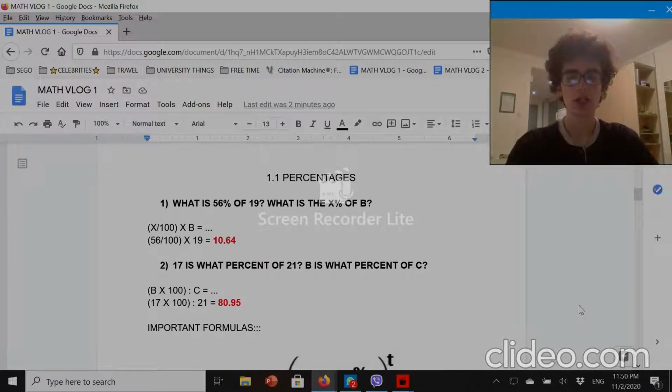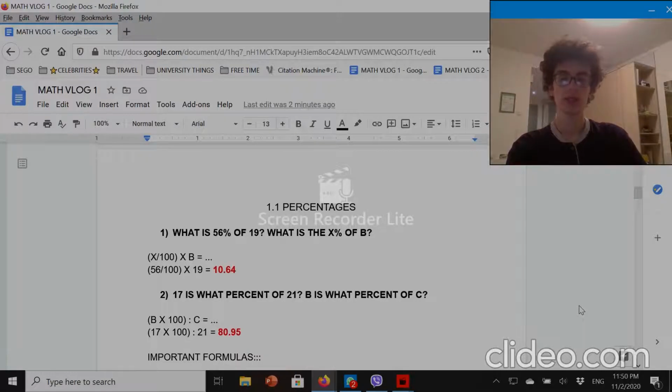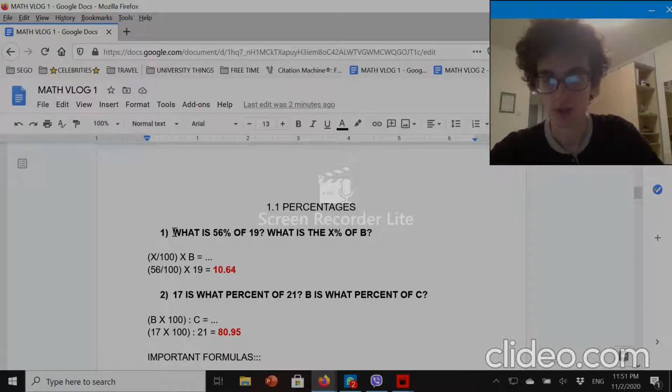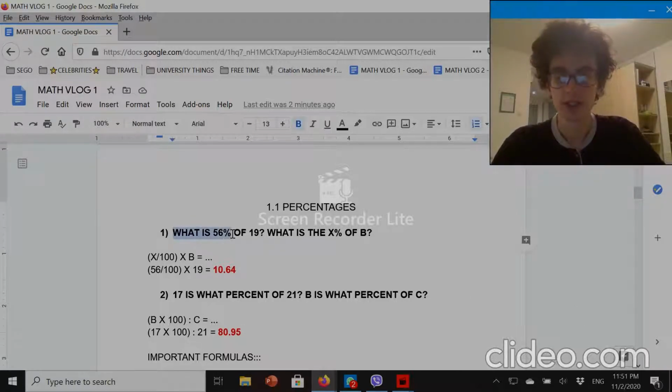There are 2 basic questions that we could be asked on the exam. What is x percent of a number b? Or, b is what percent of number c? Let's take a look at the first one. What is 56% of 19?